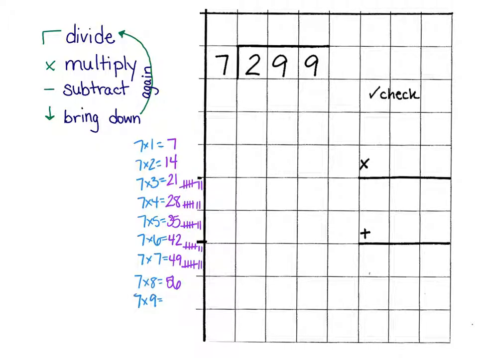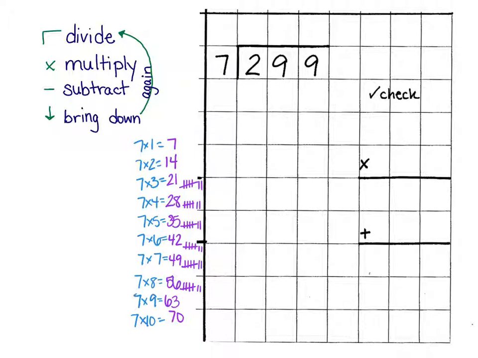And 7 times 9 is 57, 58, 59, 60, 61, 62, 63. And we should all know that 7 times 10 is 70.